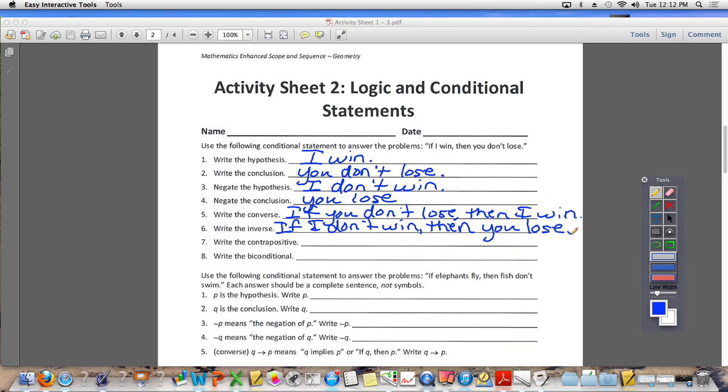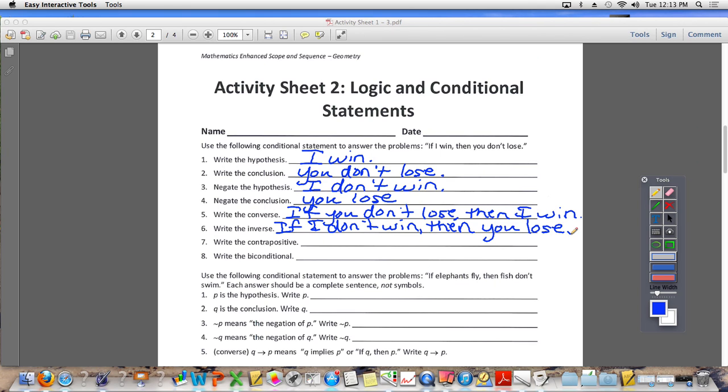The contrapositive, we've never written a contrapositive, but not only do you negate the original sentence, but you also have to switch the hypothesis and the conclusion around. So in that case, you are going to write, if what? If you lose, then I don't win. Very good.